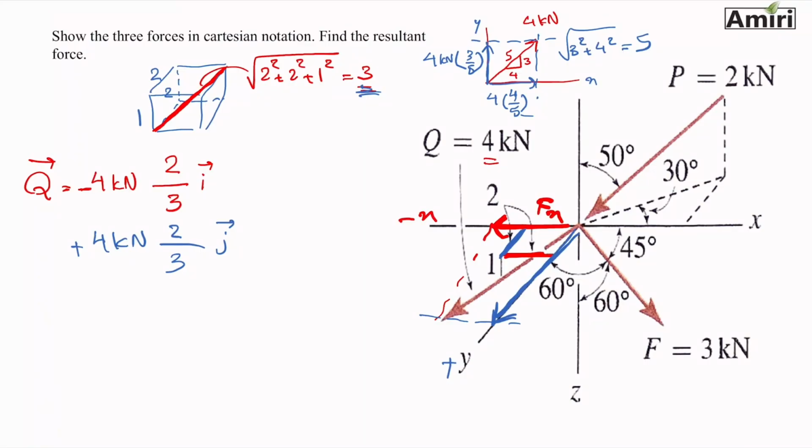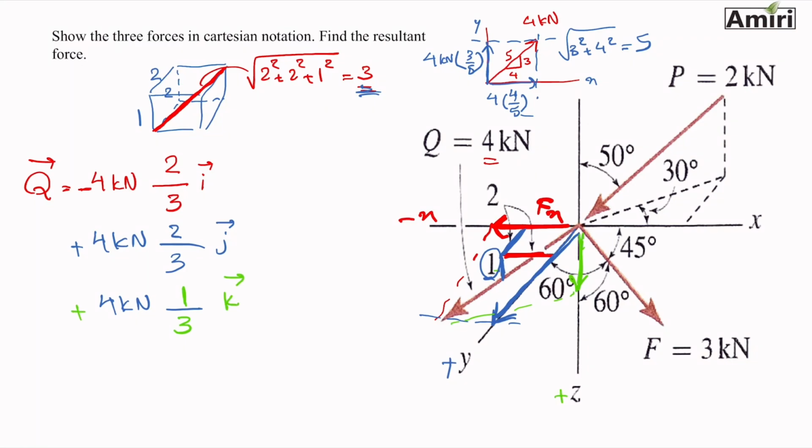And then lastly, for z, I go 4 kilonewtons, and I take the z, that will be 1 over 3, and it's pointing towards positive z, so that's going to be my positive.